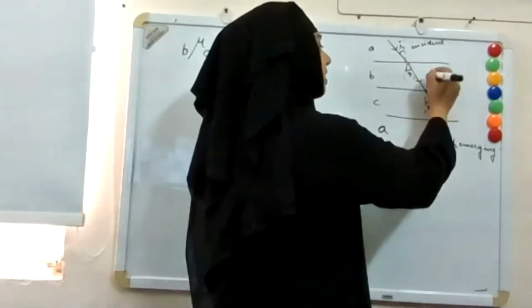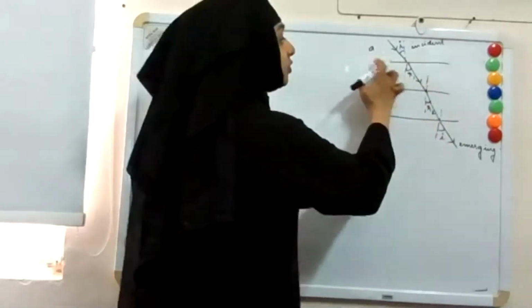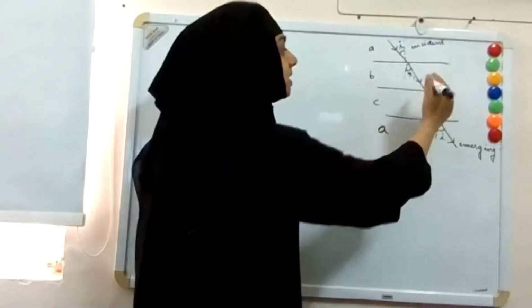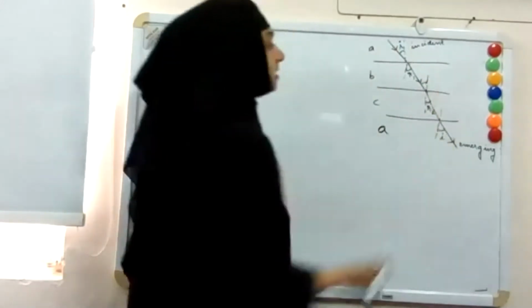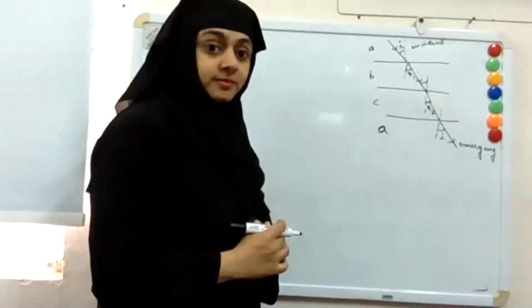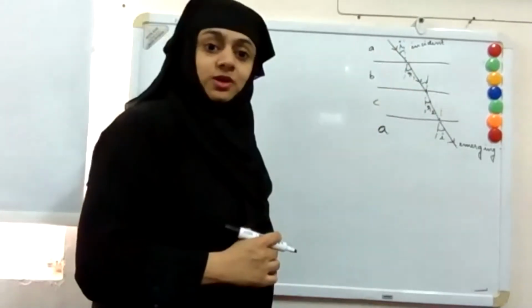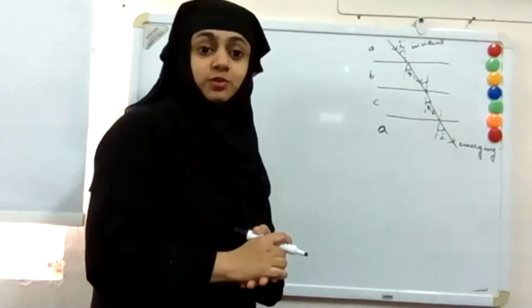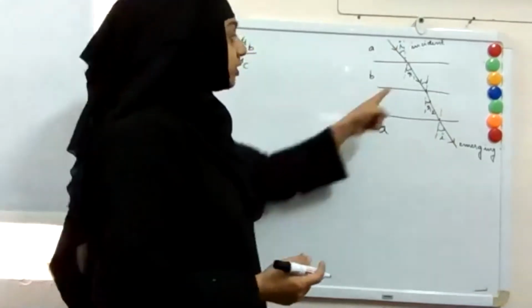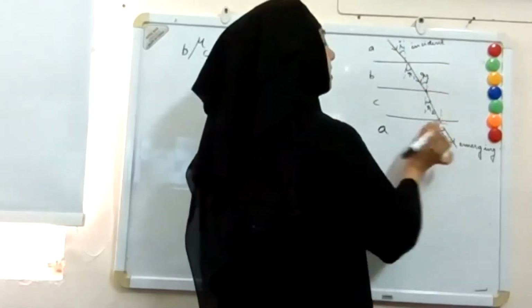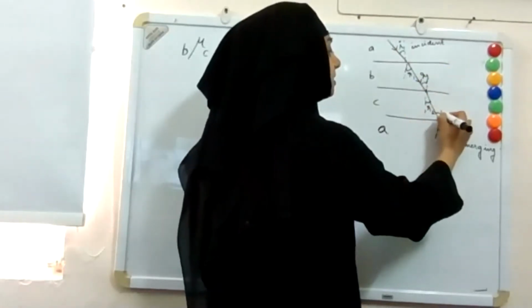Okay. Now, suppose this is R1. Now you have two parallel lines and these two are two normal. So what will be this angle? Alternate interior angles you can call, or opposite angles. They will be same. So if this is R1, this will be R1. And what will be this angle?